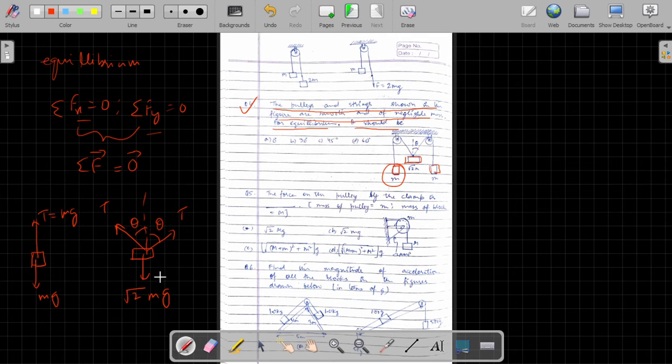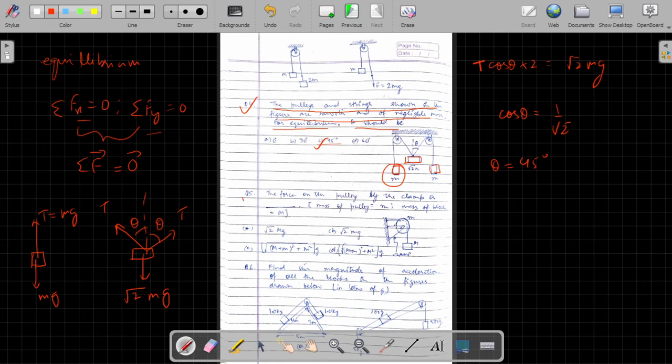If we take the component of tension in the vertical direction, that would be T cos theta times 2 equal to root 2 mg, which gives us cos theta equal to 1 upon root 2. This gives us theta equal to 45 degrees, and that is the answer.